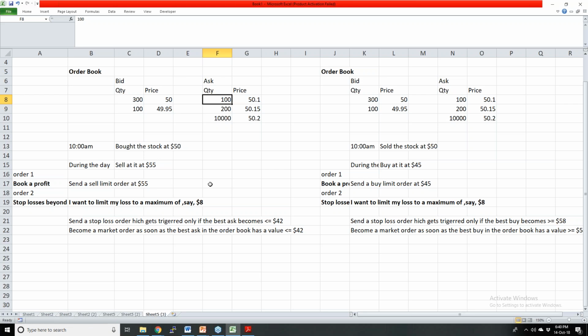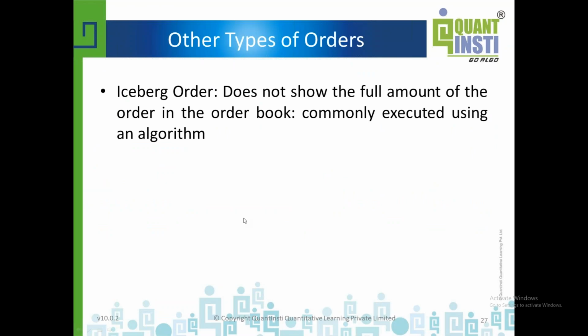And you would get to know that this was an iceberg order, right? And a lot of high frequency traders fish for these iceberg orders because they know that if somebody has an iceberg order there, then he wants to sell huge amounts of shares throughout the day, right? There are strategies that fish these iceberg orders, right?